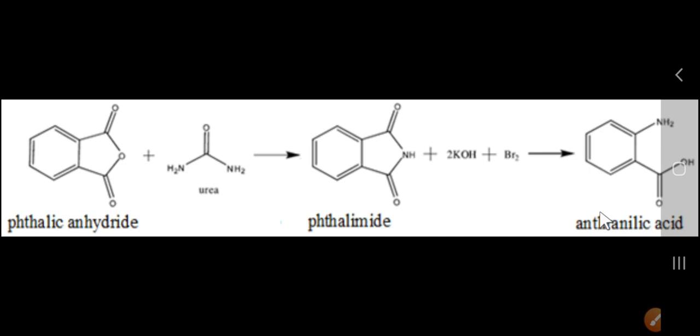So friends, let's see the mechanism. For a few reactions I haven't given the mechanism, but for this reaction I will give you the mechanism. So mechanism is very simple. This NH2 of urea will attack on the carbonyl of this anhydride, and this carbon oxygen bond will break, and we get this kind of amide linkage.